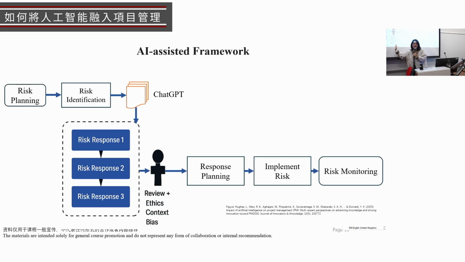So in the AI assistant framework, we incorporate two very important steps. One is that you use some model to get some results. And the second one, you need a human in the loop to help you review the content from the AI decision. So we include these two important steps in this AI assistant framework.